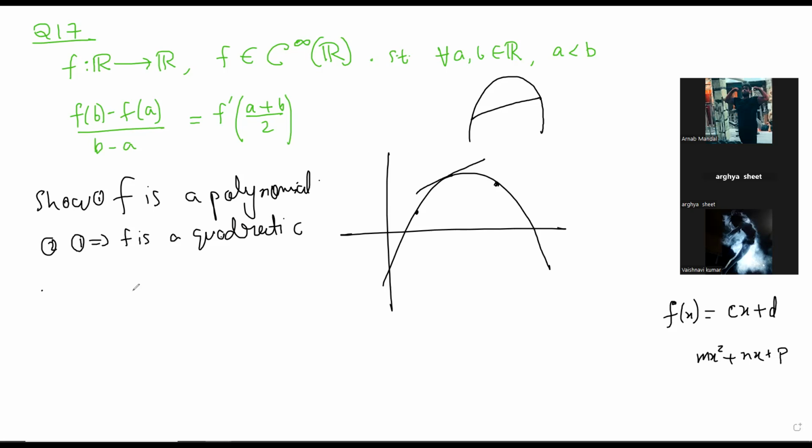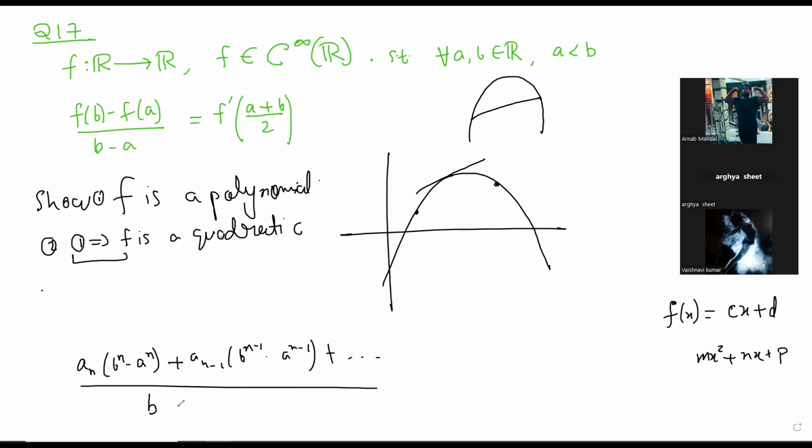So you can show this directly. You just assume that it has a polynomial expression, and then you can work on that. So this thing would be something like a n times b to the power n minus a to the power n, and so on, and then divided by b minus a.